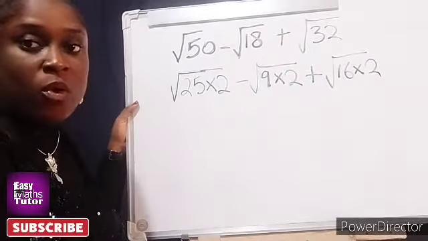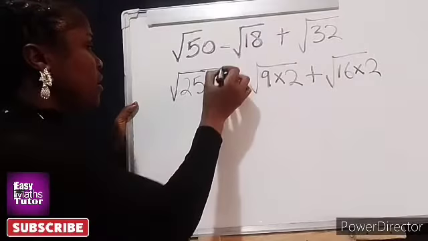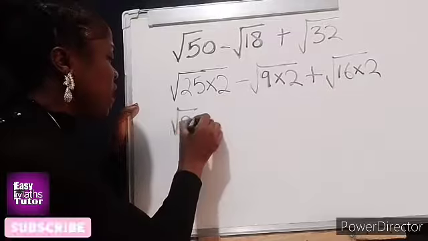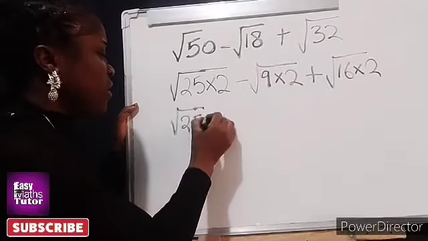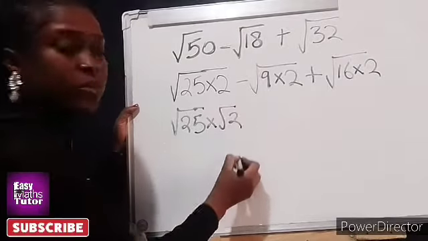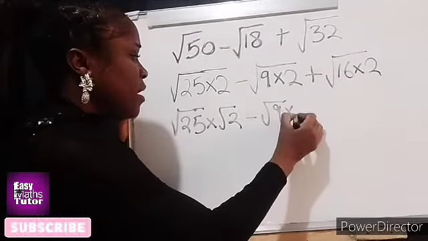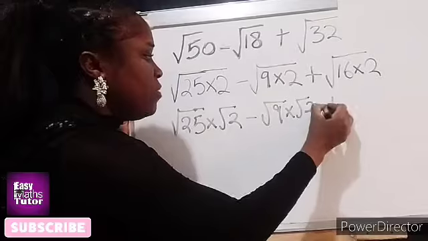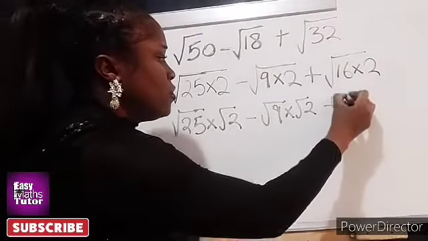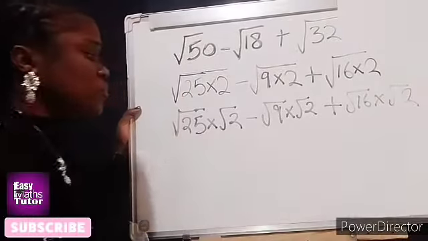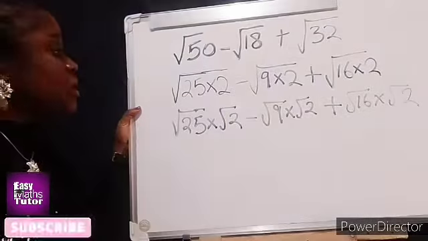Remember our first law of surds? We can break this down to individual square roots. So we have root 25 times root 2, then root 9 times root 2, then root 16 times root 2. All right? Are we clear?